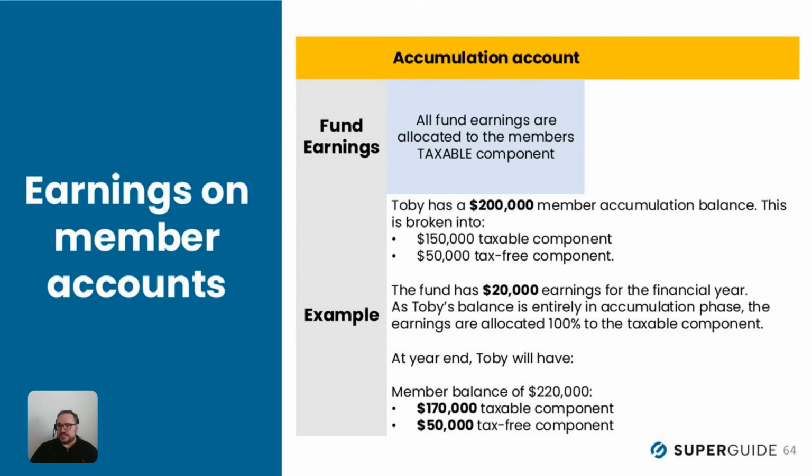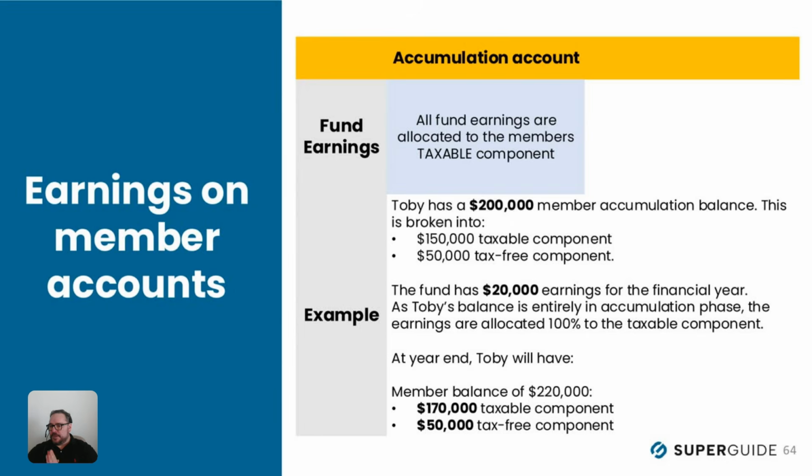So let's just say that Toby has a $200,000 member accumulation balance made up of $150,000 taxable and $50,000 tax-free. On that $200,000, the fund earns $20,000 earnings for the financial year.